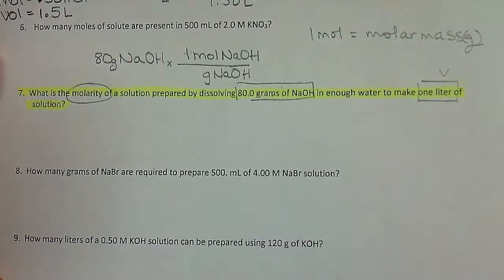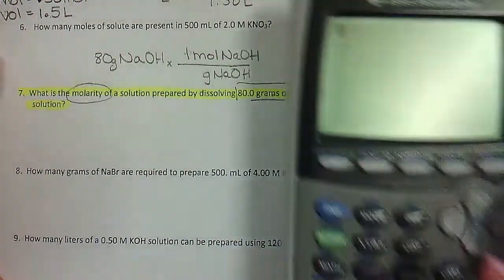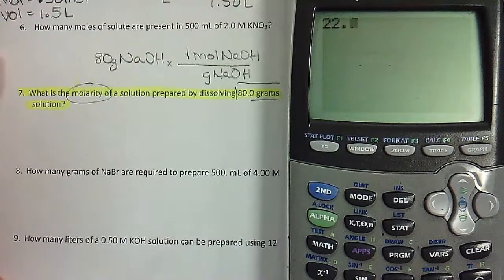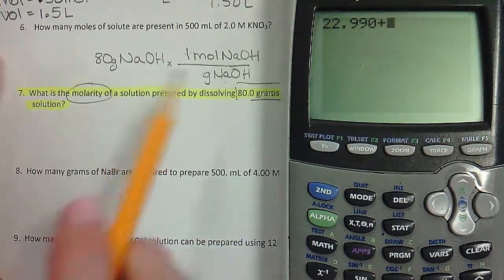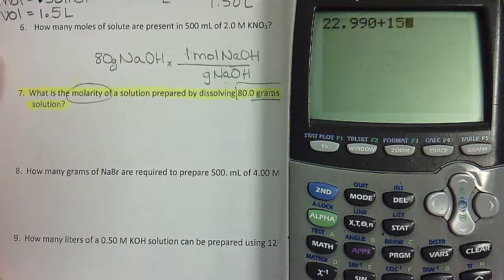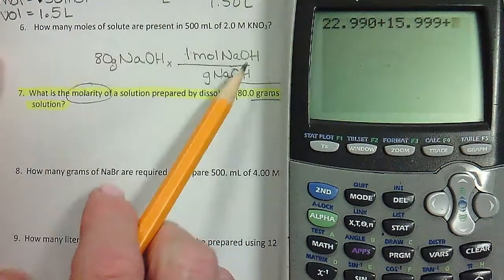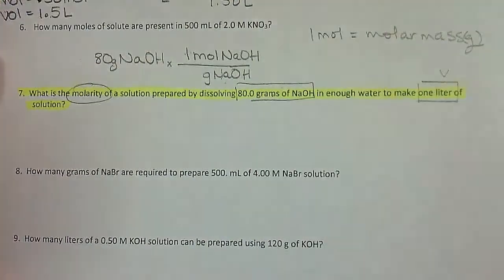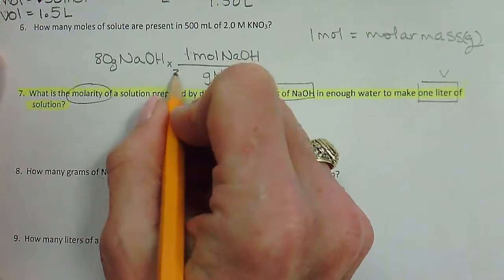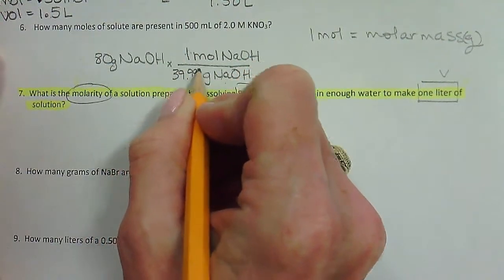So I look on my periodic table. The molar mass of sodium is 22.990, and I only have 1 of those, plus the mass of oxygen, 15.999, plus the mass of hydrogen, 1.008. That is the molar mass of sodium hydroxide, 39.997.